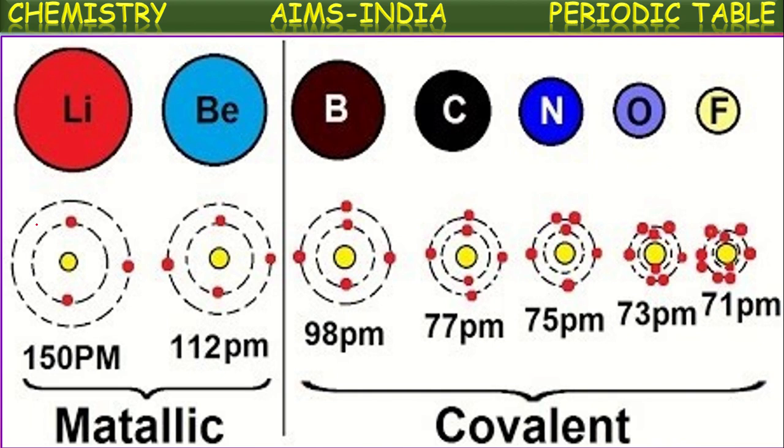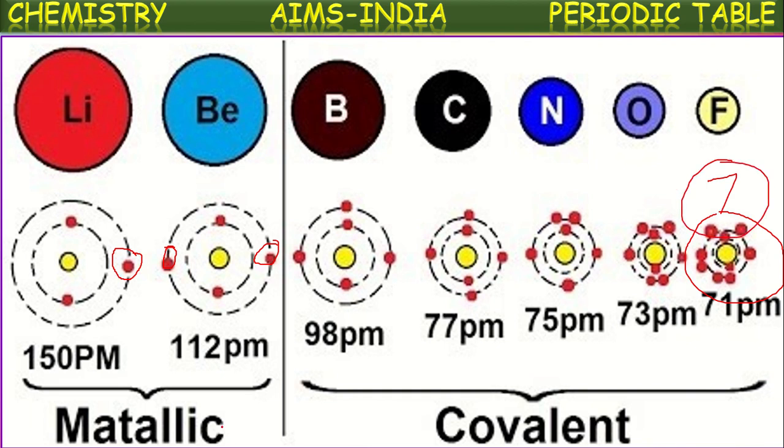See here, for lithium there are two shells, for beryllium also two shells, even for fluorine also two shells only. But if you observe carefully, for lithium there is only one electron in the outermost shell. For beryllium, two electrons in the outermost shell. In this way, as we move from left to right, the number of electrons in the outermost shell increases. For fluorine, there are 7 electrons in the outermost shell.